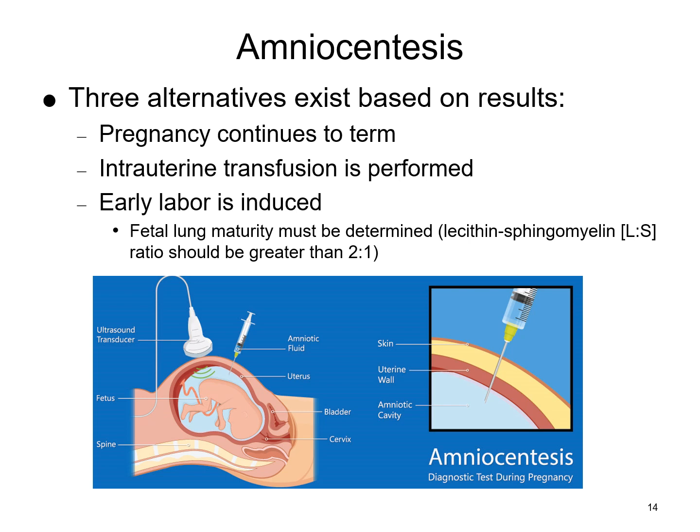Now, for the amniocentesis itself, there are 3 alternatives that exist based on the results. It can be determined that the pregnancy can continue to term, that there's not any kind of severe reaction that they need to address. Or they could determine that an intrauterine transfusion is performed.